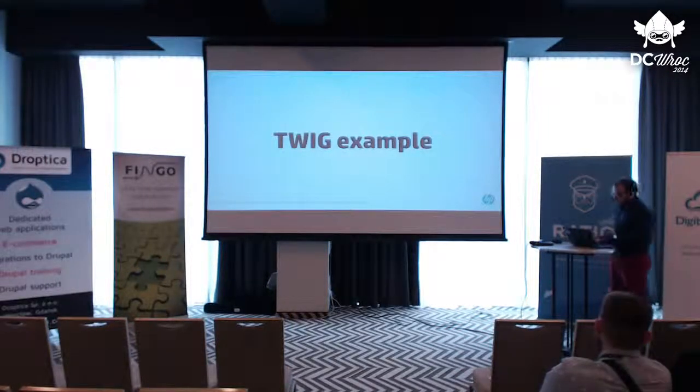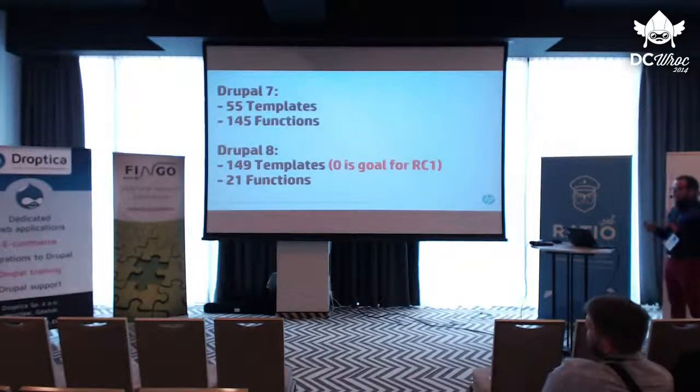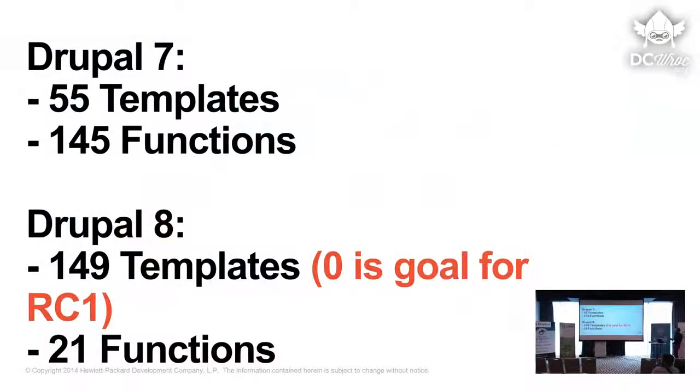Okay, so here was a quick example, and to sum up this whole thing about Twig and Drupal, as you can see, Drupal 7 has about 55 templates and 145 functions.